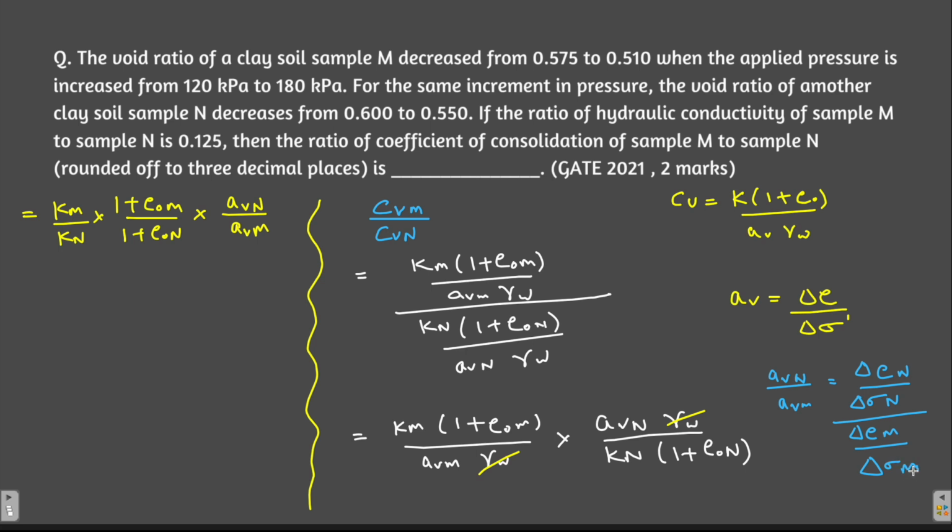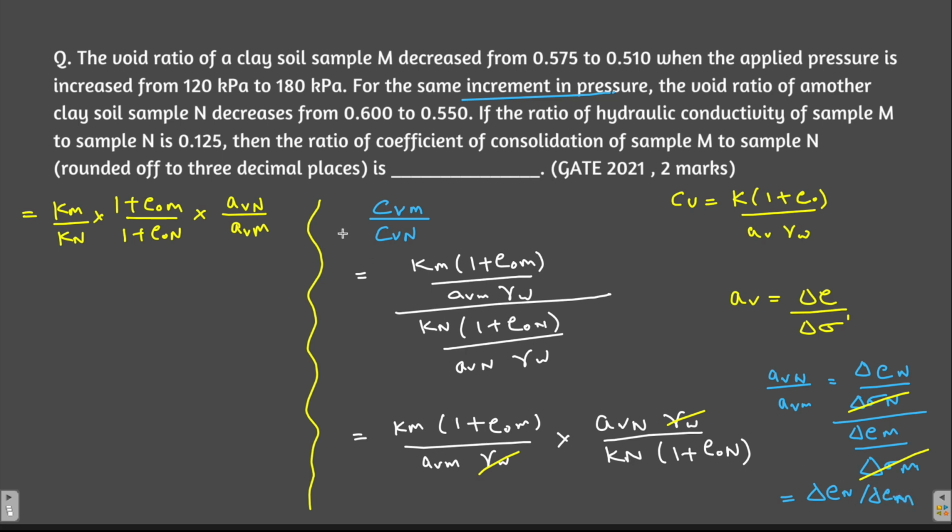But in the question it is given that for the same increment in pressure, the change in pressure for soil M is the same as the change in pressure in soil N. Because of that, the delta sigma terms will get cancelled out because they are the same thing. So we will be left with delta en to delta em. Okay, it is N by M.